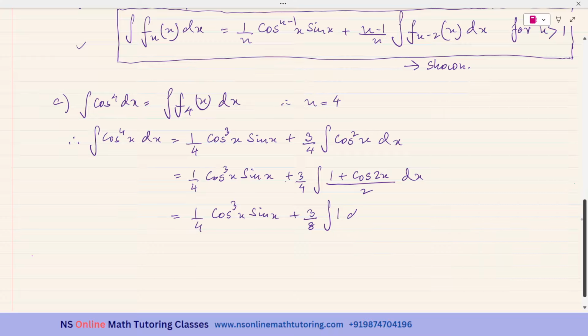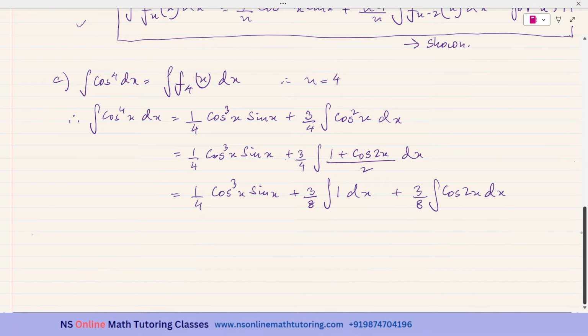It is the integral of 1 dx plus 3/8 times the integral of cos 2x dx. Okay, so this is equal to 1/4 cos cube x sin x plus 3/8 x, and this one is plus 3/8 times sin 2x over 2 plus c.